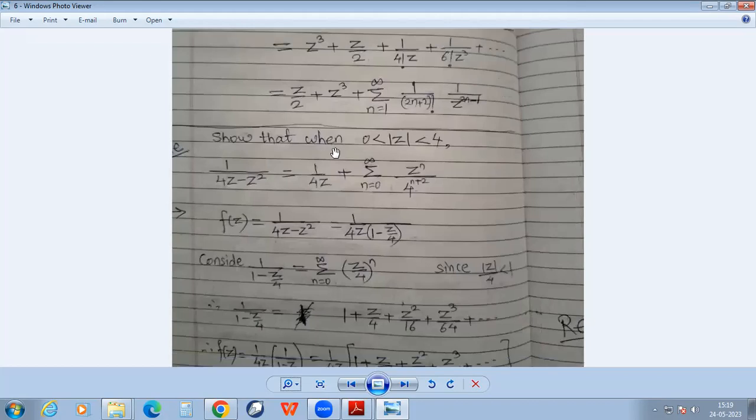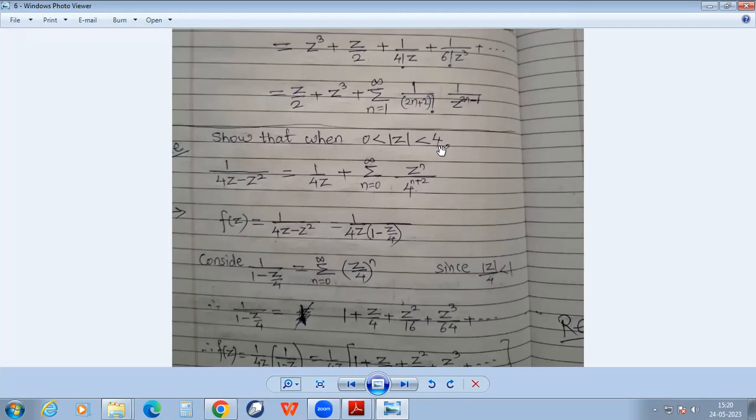Then we move to, see, here we are saying all z's such that mod z lies between 0 to 4. Means what? Mod z is not 0. When mod z is 0, it is only at the origin. So we are excluding the origin. And what about this?